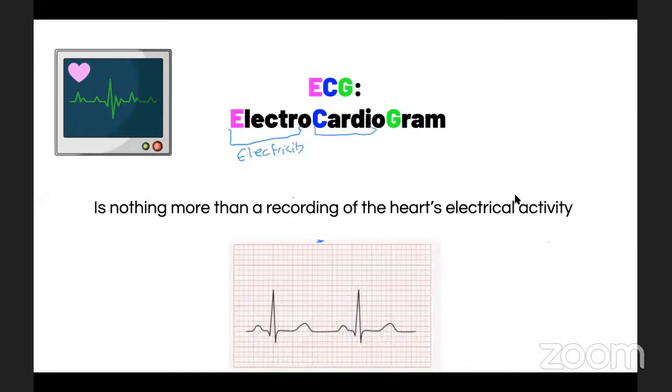And then cardio. Anyone know what cardio stands for? Heart. I read some hearts in the chat. Thank you guys. Yes, it's the heart. And then gram stands for a record. So the definition, it is nothing more than a record, we talked about that, of the heart's electrical activity.